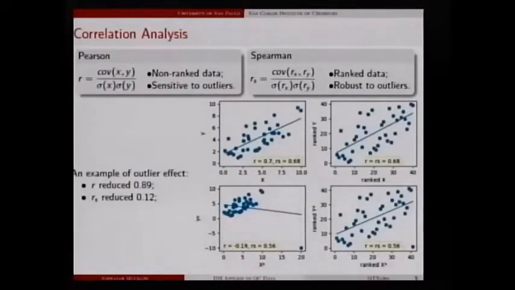The difference between the Pearson and Spearman correlation is basically that here I show a distribution of data, which is the same as this one, but here I add an outlier. When you analyze the correlation of these two situations, they are very similar in this case, but in this case, the Pearson correlation falls down a lot, to 0.9, while the Spearman correlation does not.